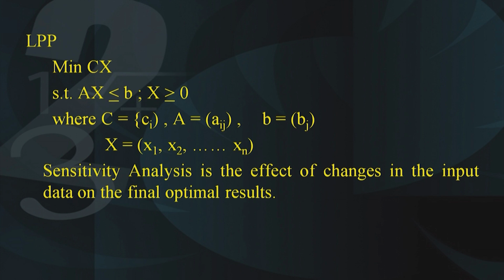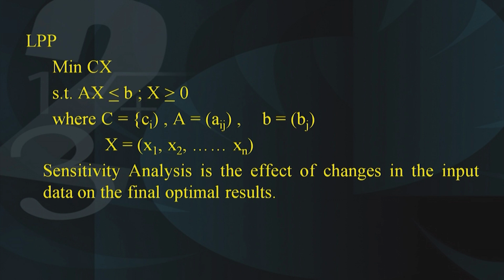We want to minimize Cx, which is subject to Ax less than or equal to b, x greater than or equal to 0. C is the coefficients of the objective function, A is Aij, b is bj, and x is the unknown parameters, that is x1, x2, xn.